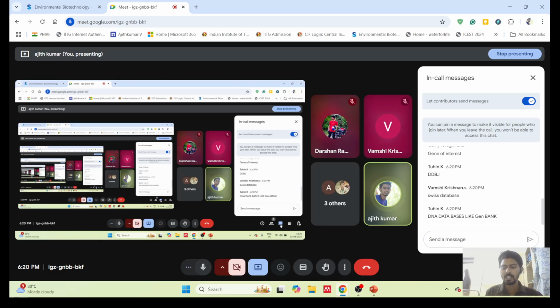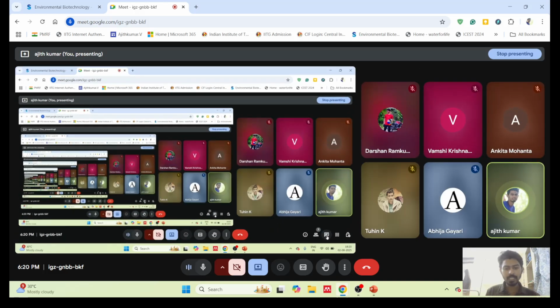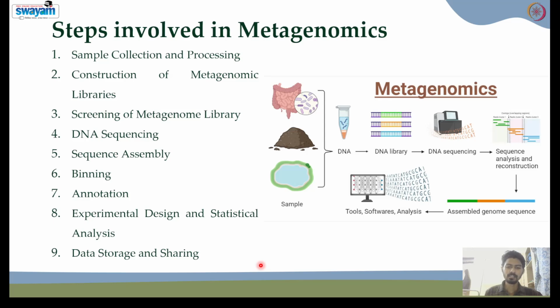We have NCBI, EMBL. So these are all some of the databases that you can access free of cost, where millions of sequences are deposited, and it helps to understand the microbial ecology well.